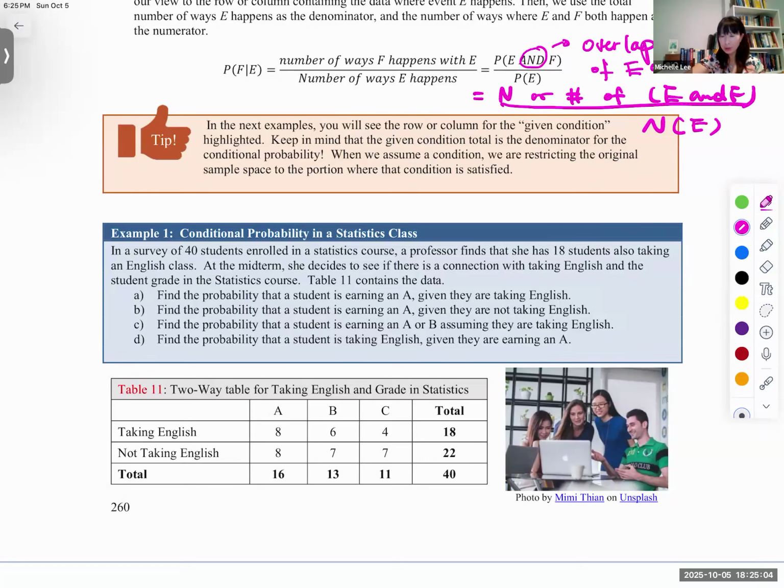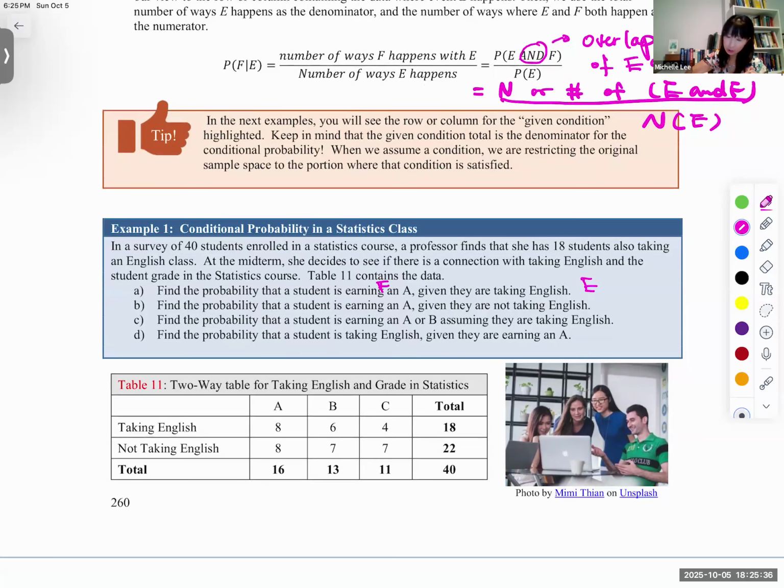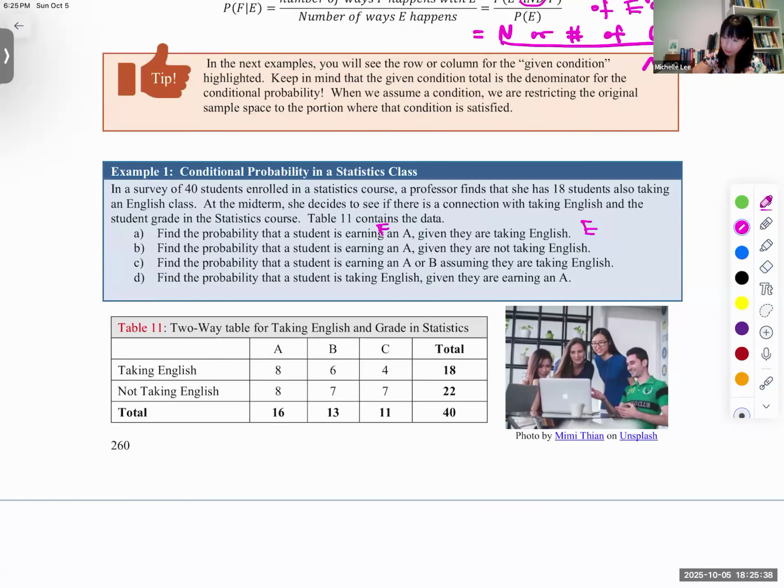Now let's do part A. Given they are taking English, this is the event E which has already happened, the conditional probability. And this is the main event: we want to find the probability of earning an A for those who are taking English, given the condition.